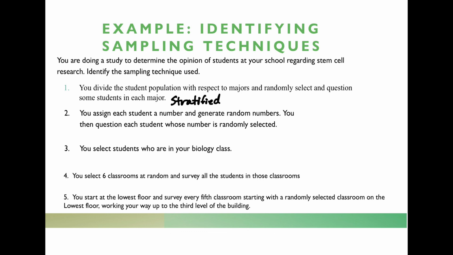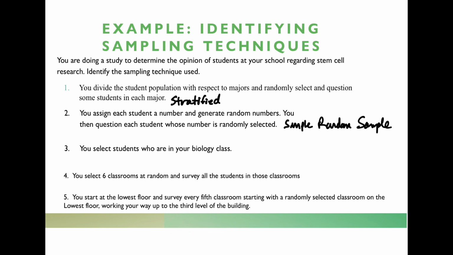Number 2, you assign each student a number and generate random numbers. You then question each student whose number has been randomly selected. This would be a simple random sample. As you guys know, that's basically the definition: we assign the numbers and we generate random numbers.